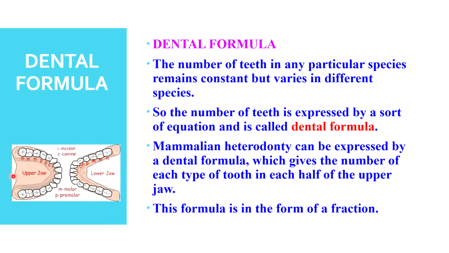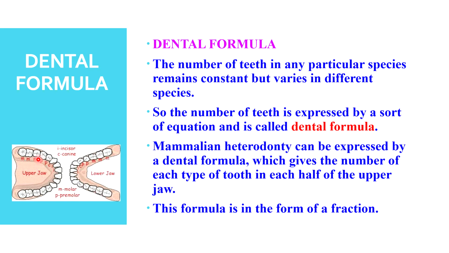If we draw a line through this portion between the incisors, we get 2 halves. Upper jaw can be divided into 2 halves, like the lower jaw is also divided into 2 halves, and we will get equal type and size and number of teeth on each half of the jaw.